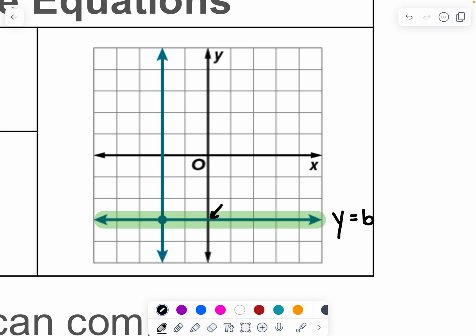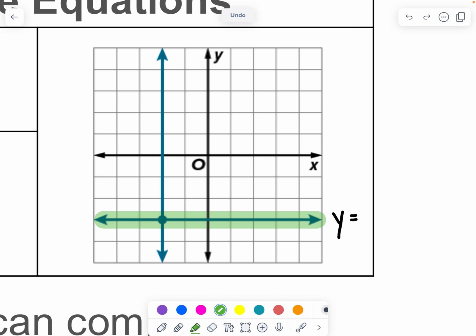Why this kind of twists us up is because it's parallel to the x-axis, and something about us just thinks it's got to be an x equals, right? No. It's a y equals.